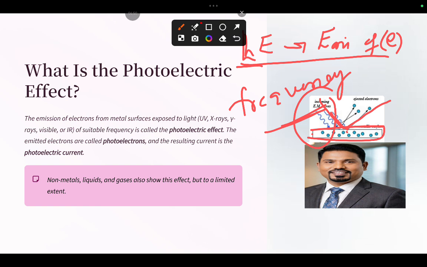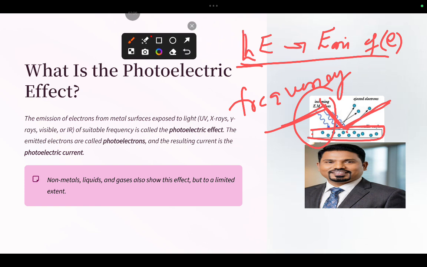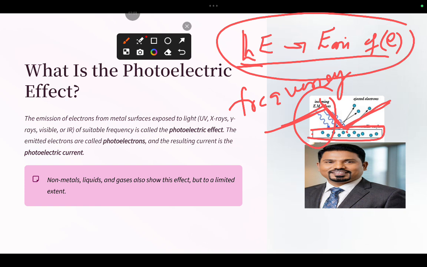Higher frequency light emits higher-energy electrons. So the simple representation: light energy converted to emission of electrons.